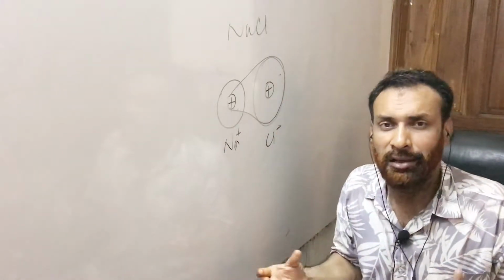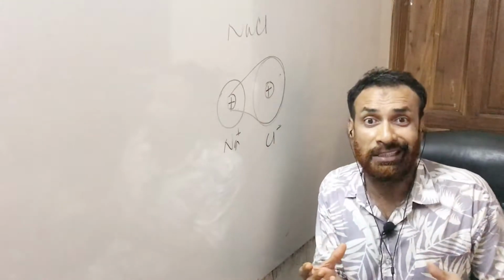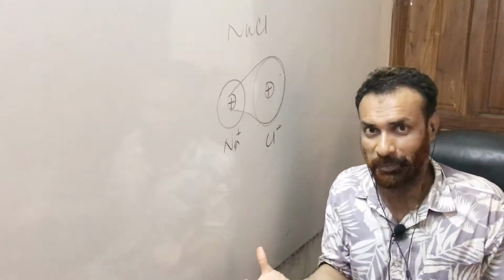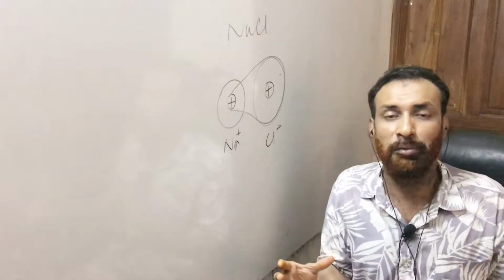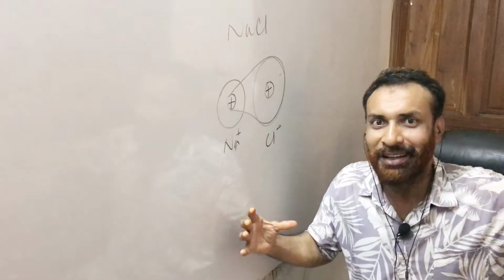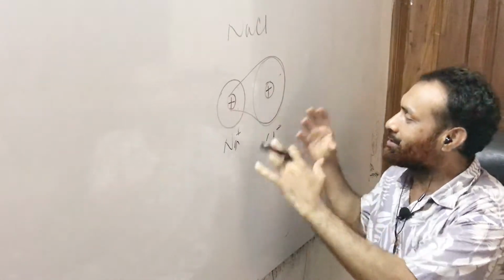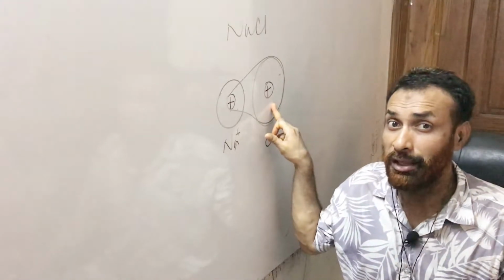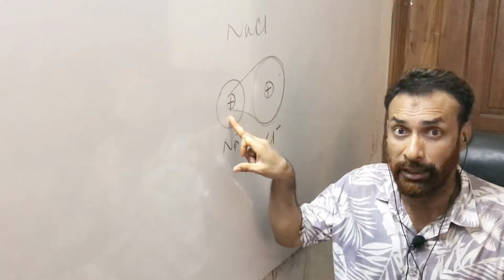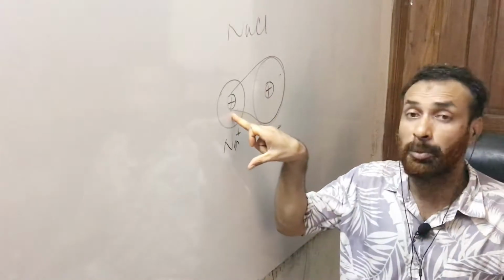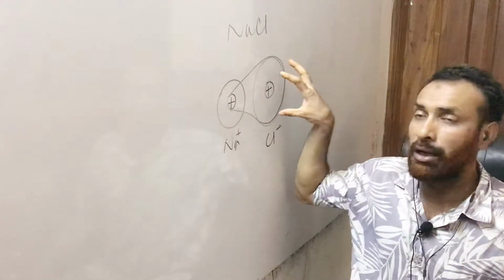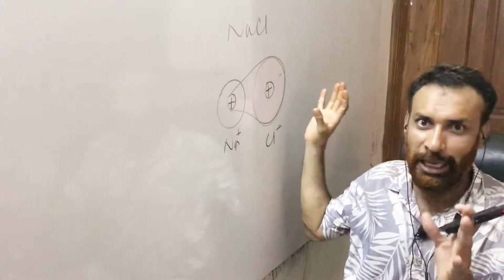What does it mean? The nucleus has become weaker than in its atom because it is now tired of holding more electrons. So this is how the nucleus is less powerful than the nucleus of the cation. So what you get, the nucleus of the cation will attract the electrons of the anions, and that would be the bond.